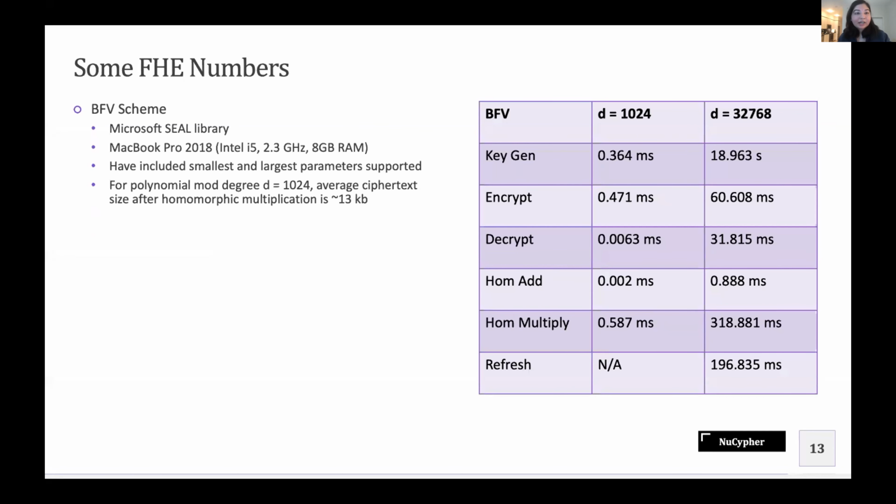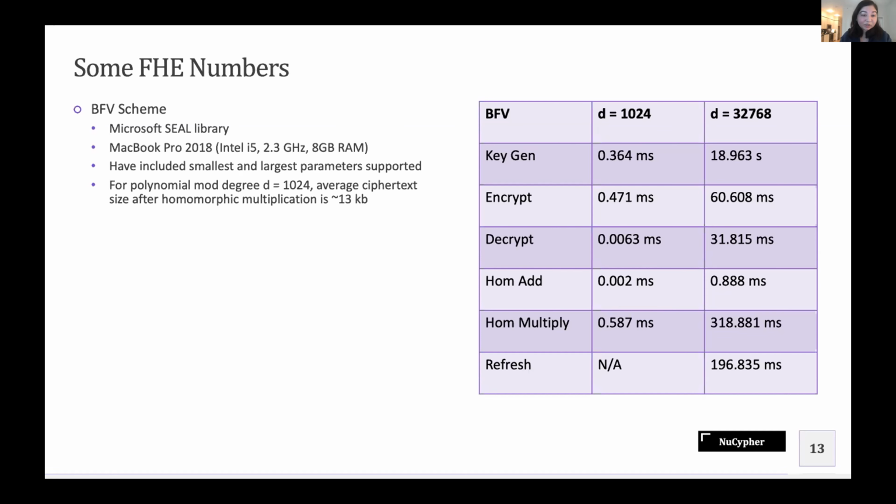Just a quick look at FHE numbers. We ran some benchmarks of the BFV scheme from Microsoft SEAL. We ran it on a pretty basic machine. We have the smallest and largest parameters that are supported by default for BFV. And you can see on the right that the numbers are pretty good. The only thing that's a bit expensive is key generation for the largest parameters, but everything else is under a second.